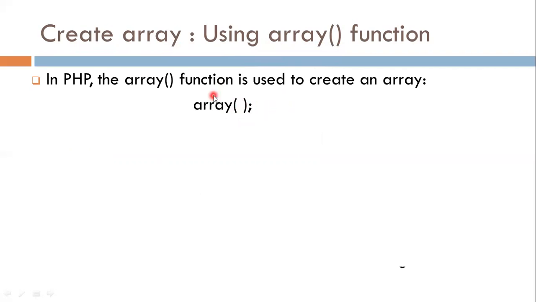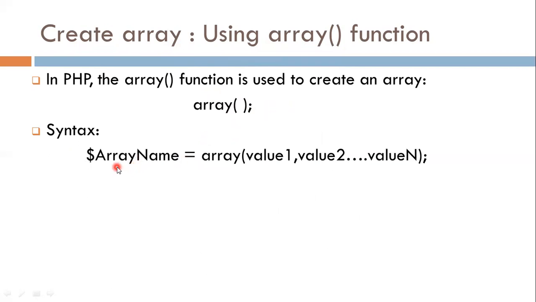In PHP, the array function is used to create an array. Syntax: $arrayname equal to array function, in between parentheses write the values of array separated by comma, and at last put semicolon.